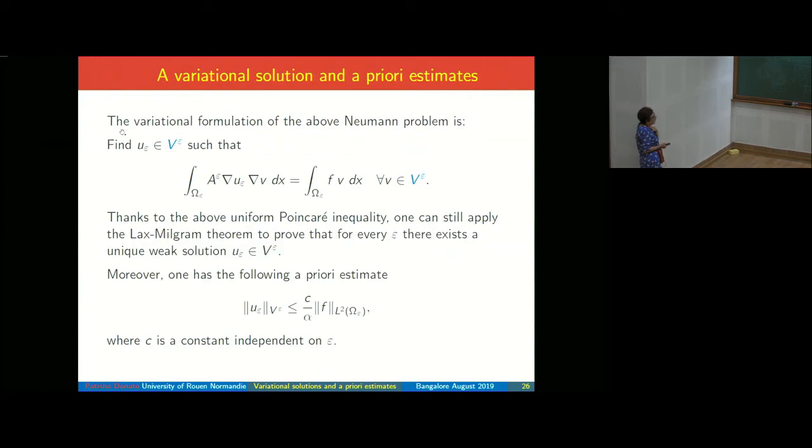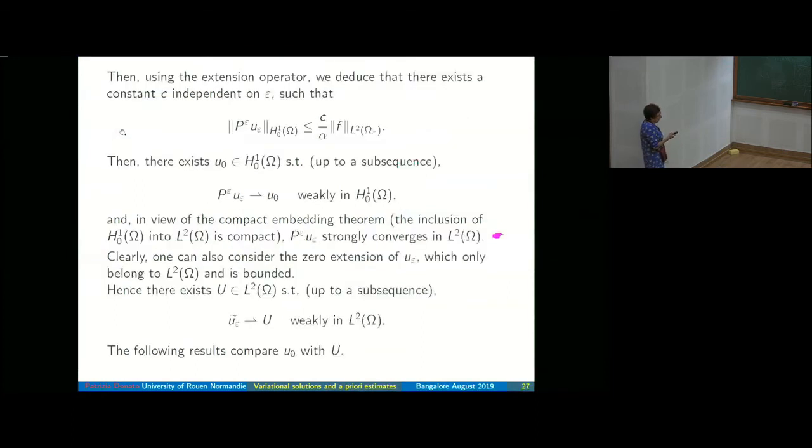Now this one can be estimated by the norm in L2 of omega, complete. And this one is bigger than a constant times the norm in H10. In conclusion, using the extension operator, we deduce that the norm of the extension of u epsilon is smaller than this quantity.